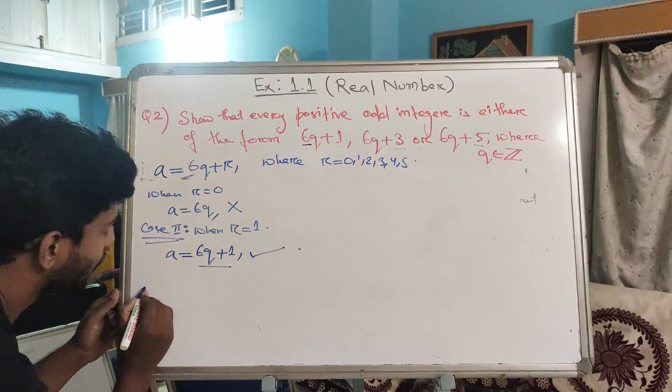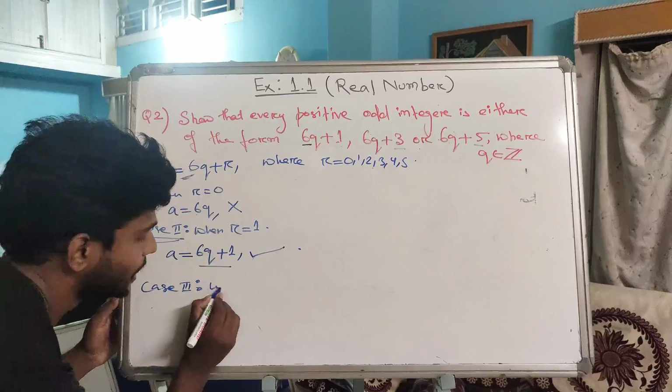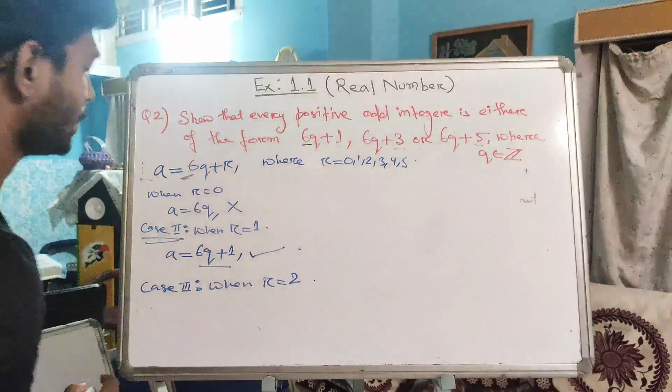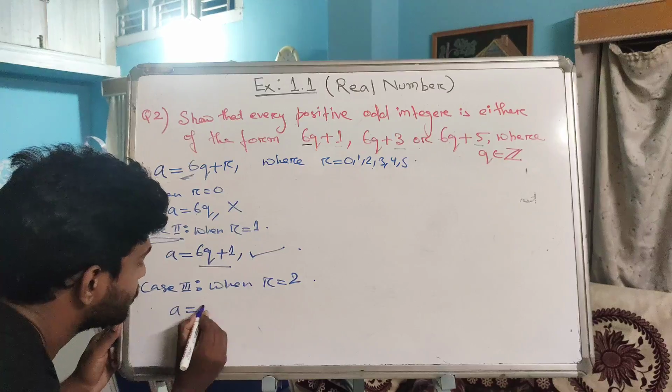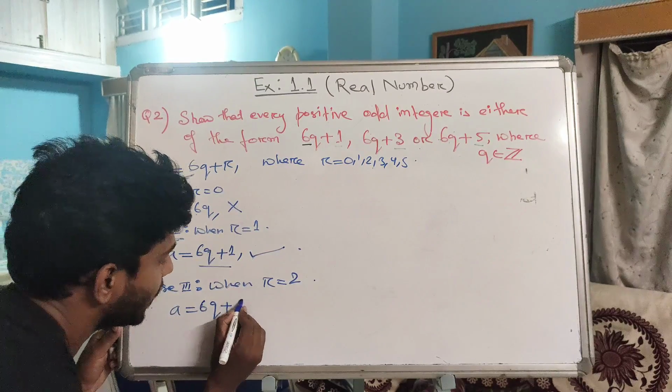Now let's move on to our case 3 when r equals 2. a equals 6q plus 2.